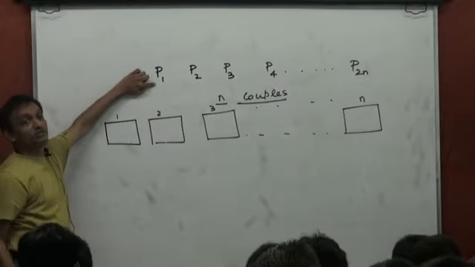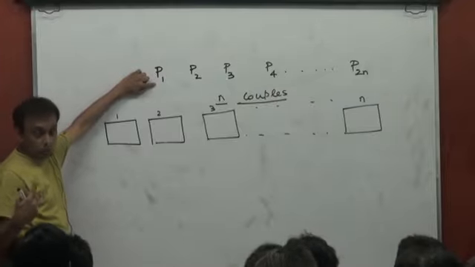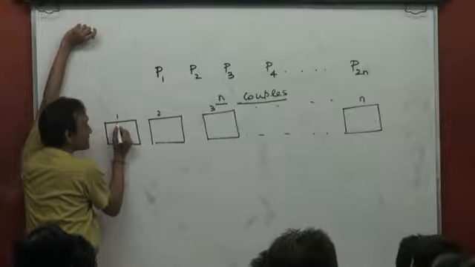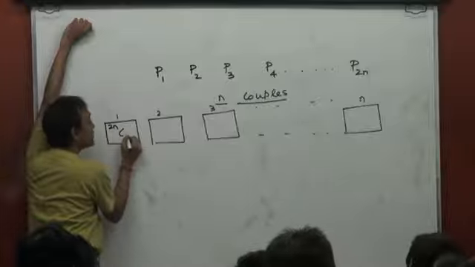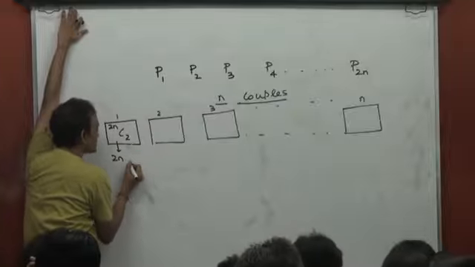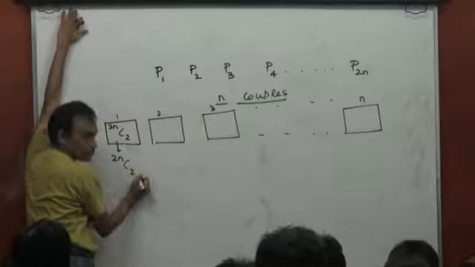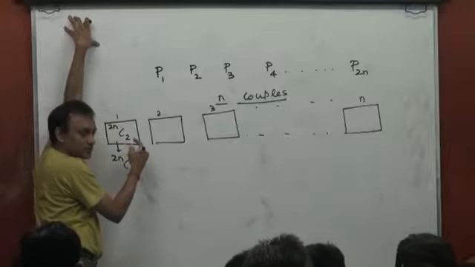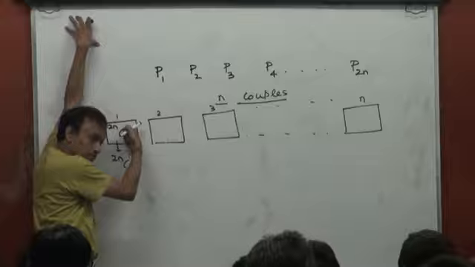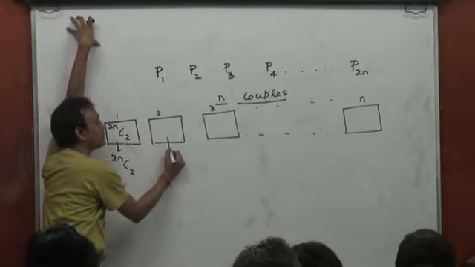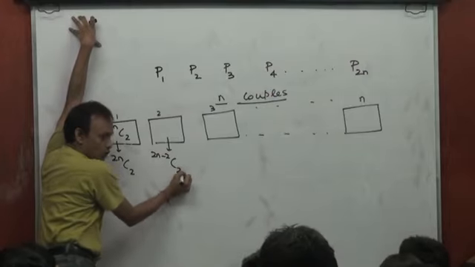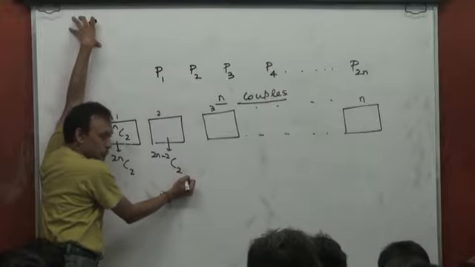Now from 2n people, first I select 2 people, right? And place them here. In how many ways can I fill slot 1? 2n C2 ways. 2 people selected as a couple and placed in slot 1, right? How many people remain? 2n minus 2. And then to select 2 more from them is 2n minus 2, C2 ways.